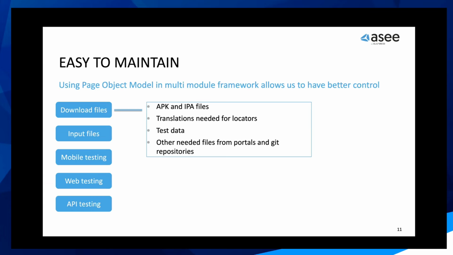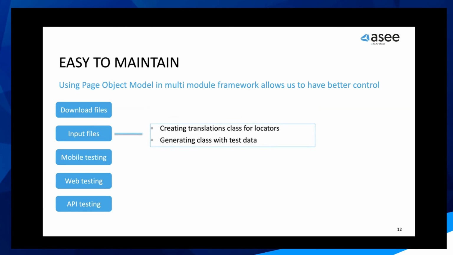And other files needed from portals and Git repositories, if needed, can be downloaded this way. So the input file, this is what I was talking about. It's creating a translation class for locators and a class with test data that we're going to use later on in writing tests, mapping elements, and stuff like that.